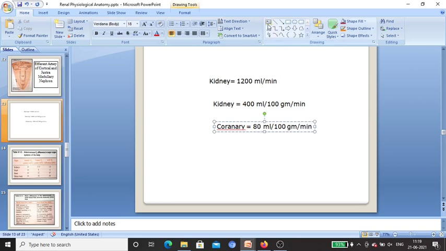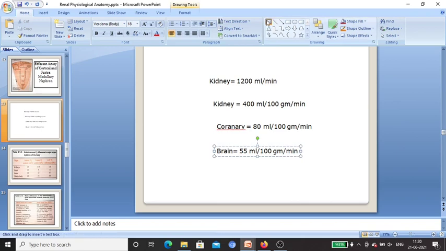Likewise, the brain gets only 55 ml per 100 gram of brain tissue per minute.